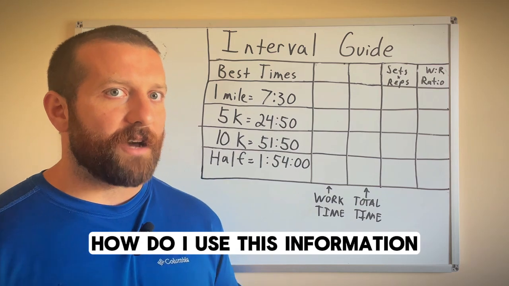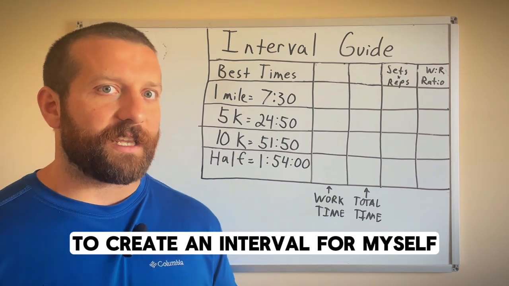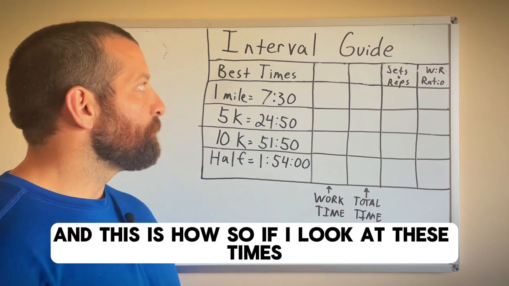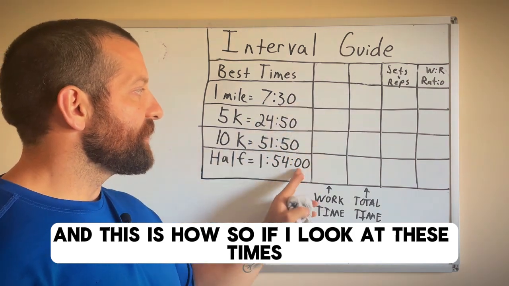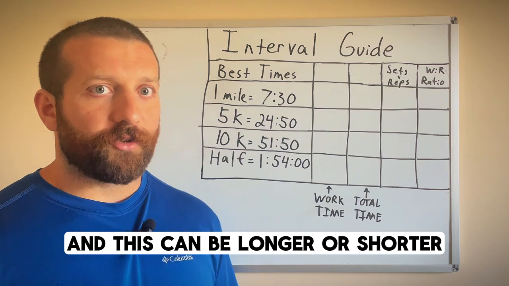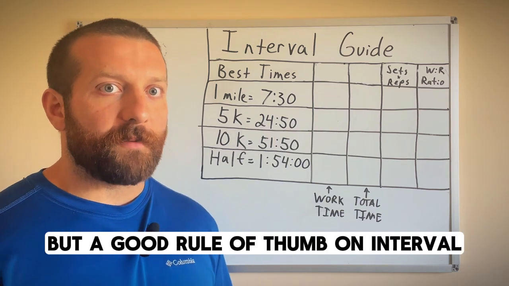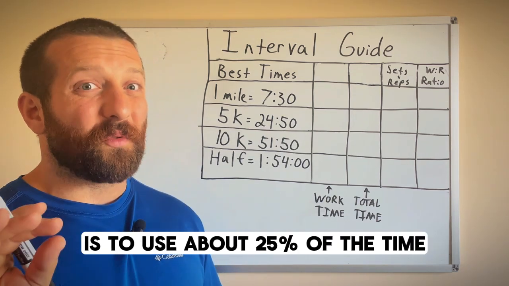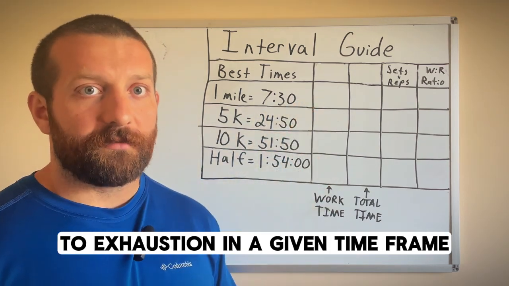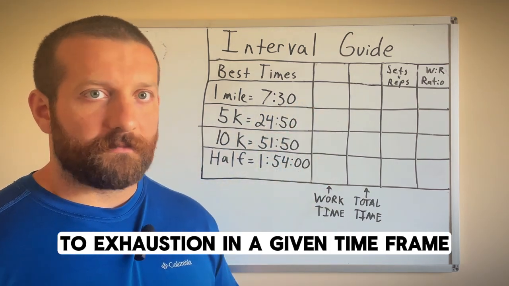Now we're going to go into how I use this information to create an interval for myself. This can be longer or shorter, but a good rule of thumb on an interval is to use about 25% of the time to exhaustion in a given time frame.